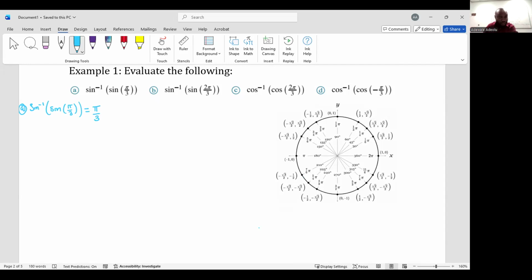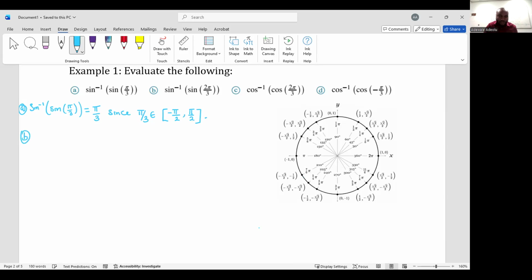Why? I need to give reasons. Since pi/3 belongs to this range of sine inverse, or to the restricted domain of sine. So pi/3. Done. That is it.